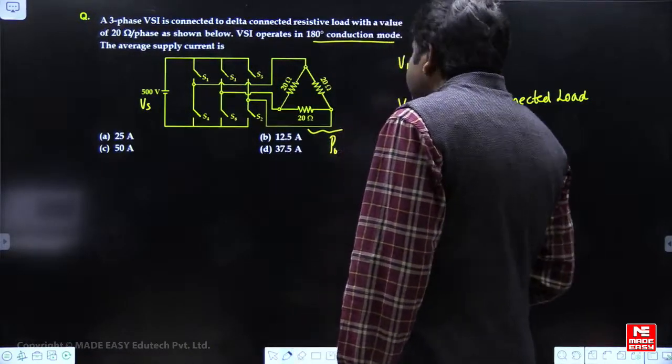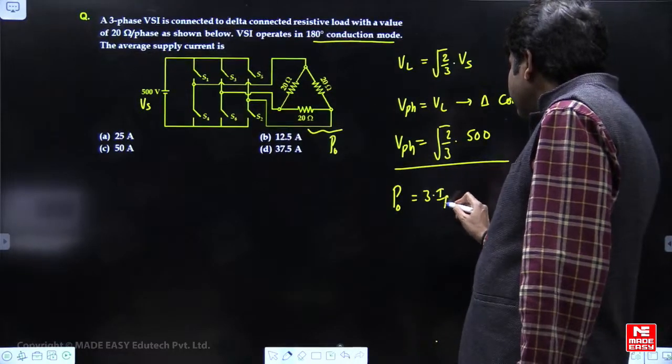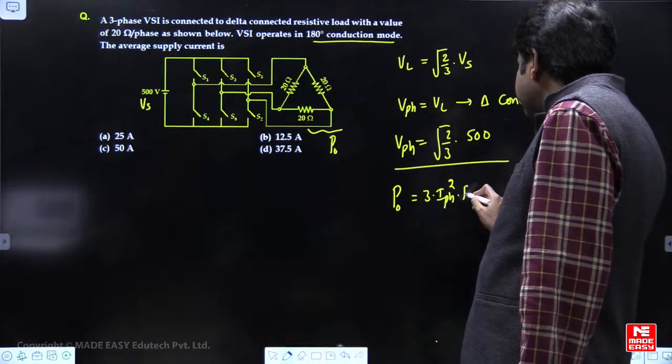Output power, because it is 3 phase, is 3 times phase current whole square into load resistance.